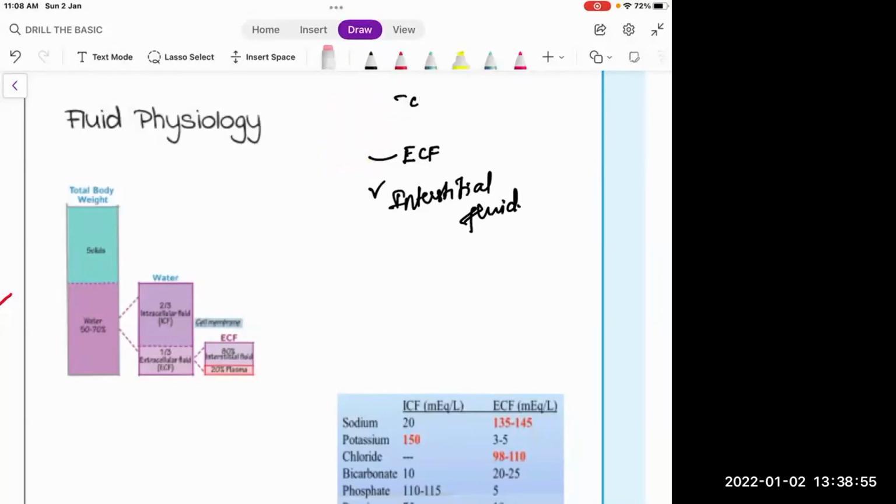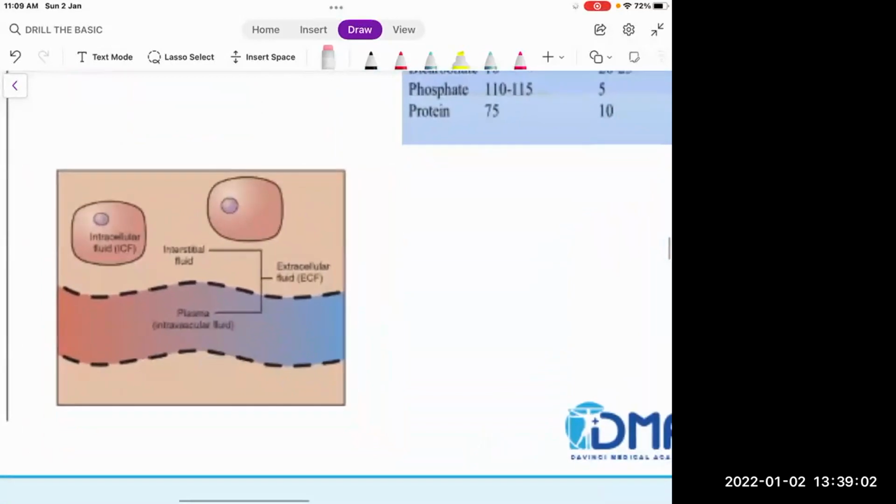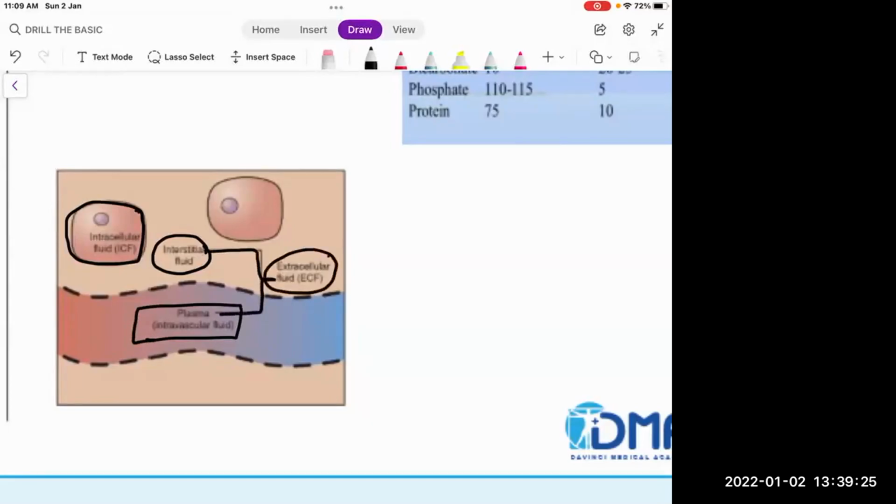So all this is now going to give you the fluid physiology. You can see this picture. This is the cell, and the fluid inside is the intracellular fluid, whereas in between the cells you have the interstitial fluid. Along with that, you have the intravascular fluid called plasma, and the interstitial fluid together with the plasma, you call extracellular fluid.